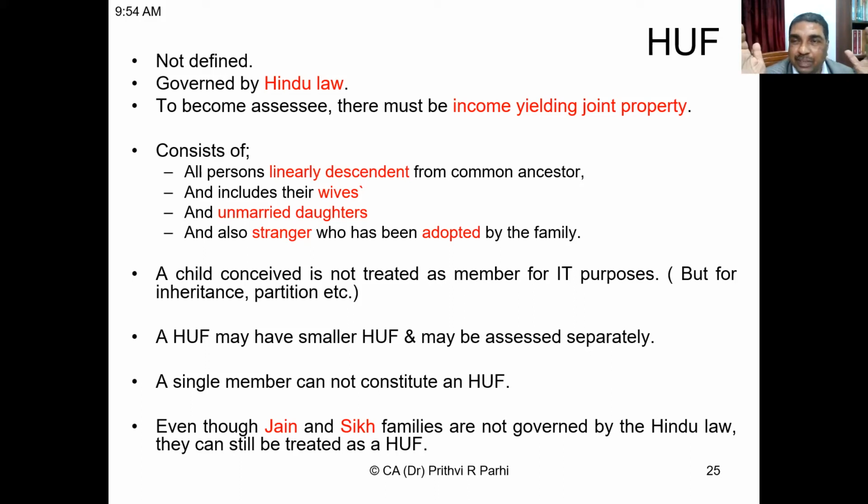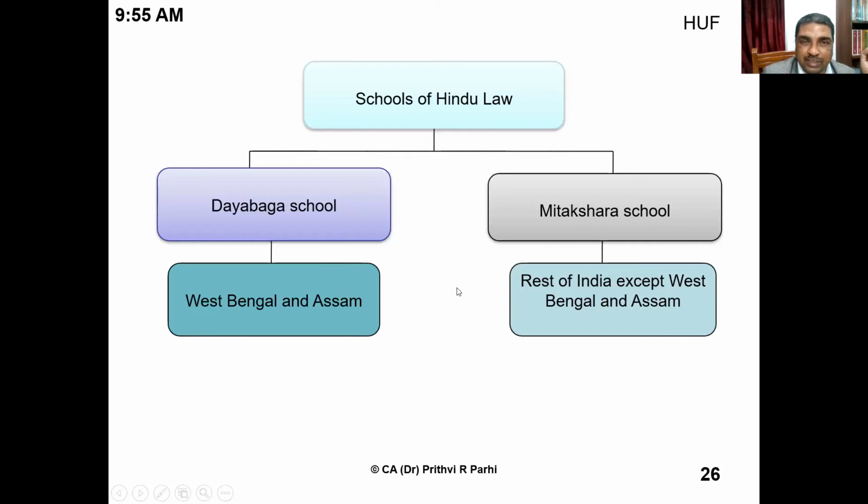So like this, there are some related provisions connected to HUF. All that we have to remember is that HUF is a separate category of person. In our country, there are two different schools of HUF.